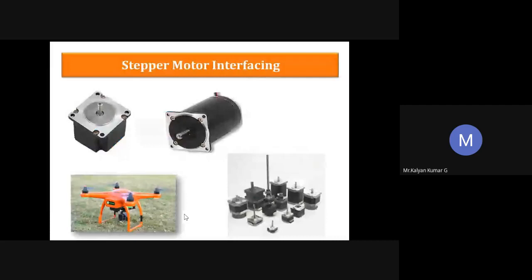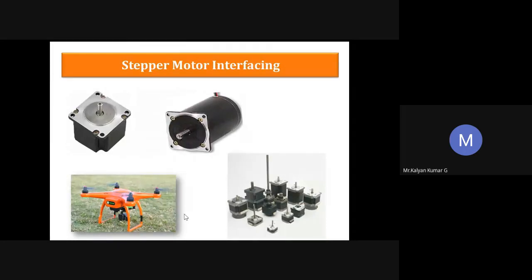Have you ever seen these motors anywhere? Obviously, you would have seen these types of motors in many places. Yeah, very good, brushless DC motor.